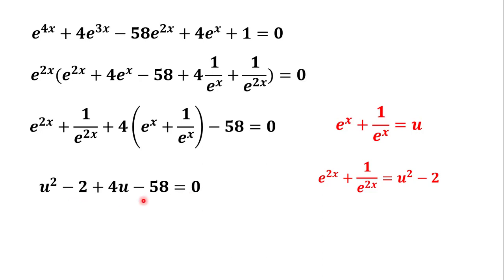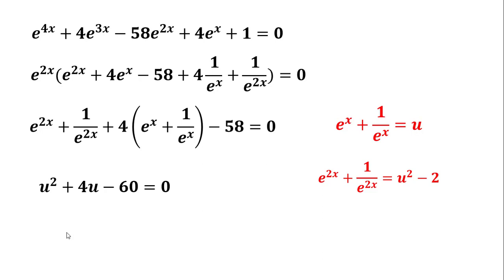Minus 2 and minus 58 becomes minus 60. Now we have a quadratic equation, and we can easily solve this equation and find the roots.